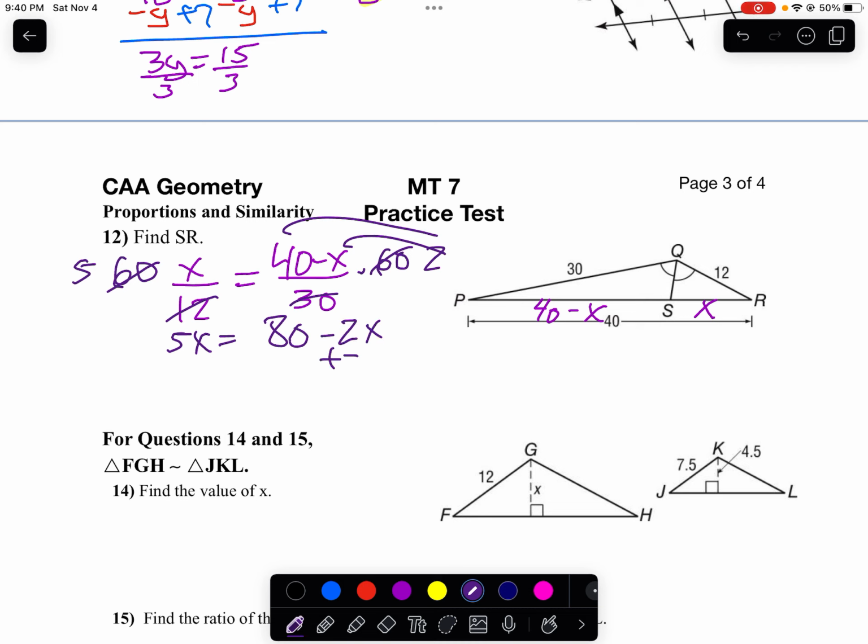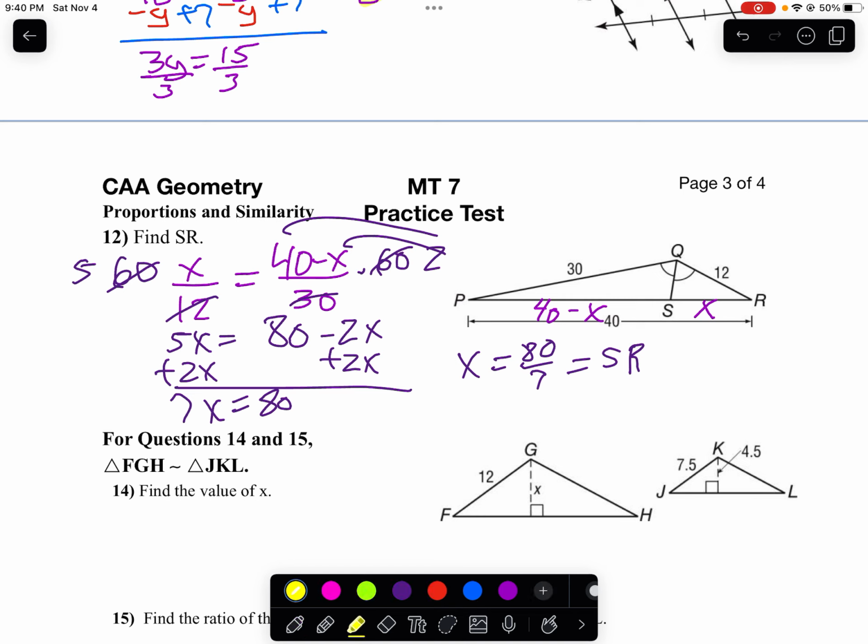I'll add 2x to both sides. I'll get 7x equals 80. So if I divide both sides by 7, x would be 80 over 7, and that is S to R.